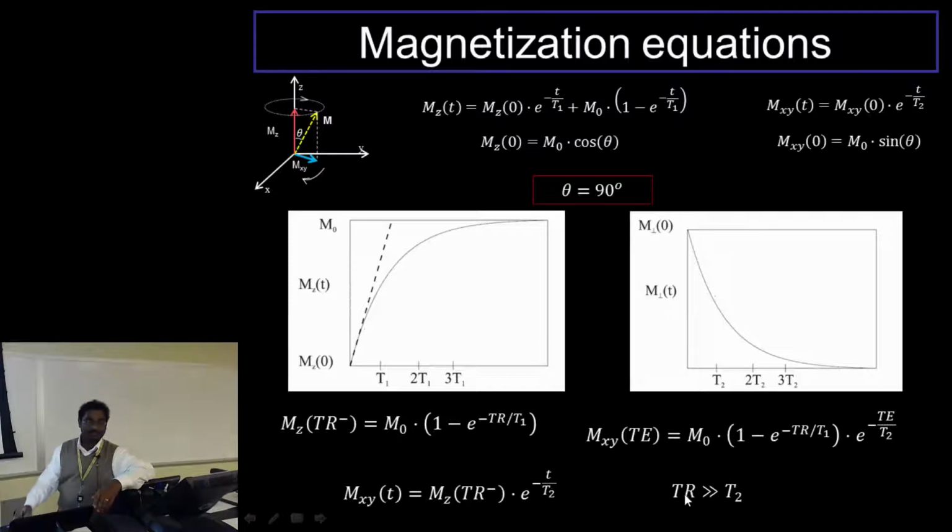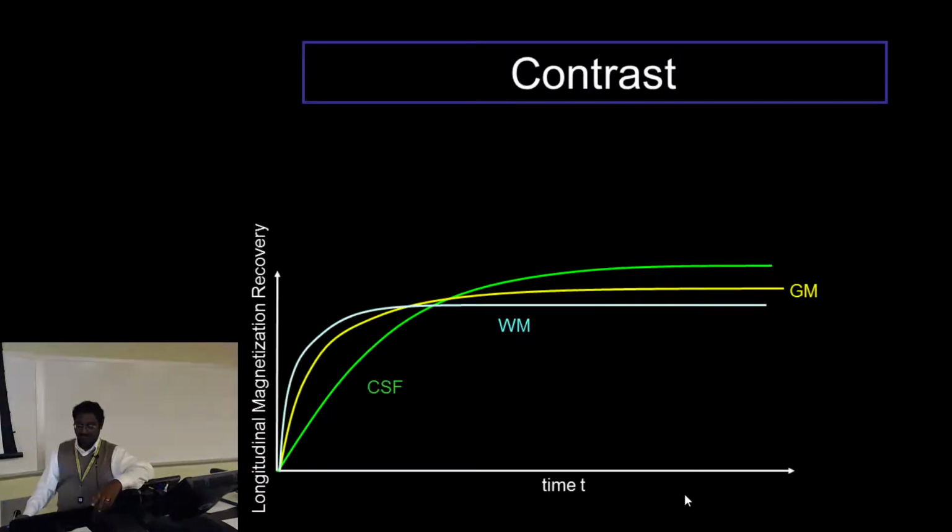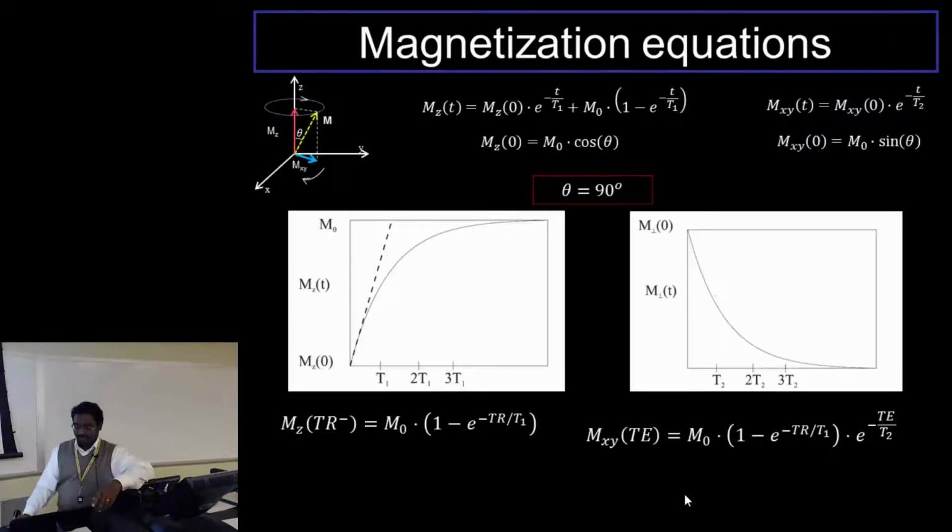If you had done this problem right in the exam, then you would have realized that. Anyway, the following contrast discussion is going to be based on this equation, because that's the signal you're getting in your experiment where you're doing 90 degrees and then reading out the data, right?